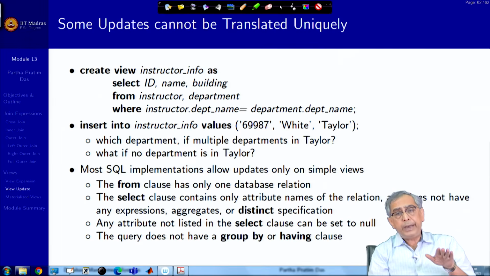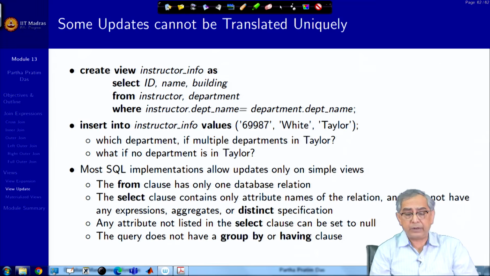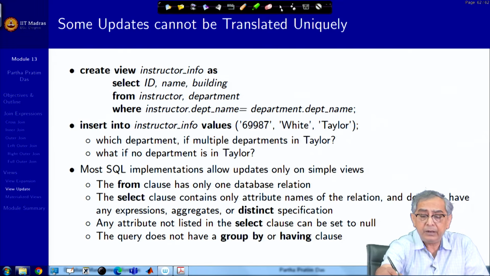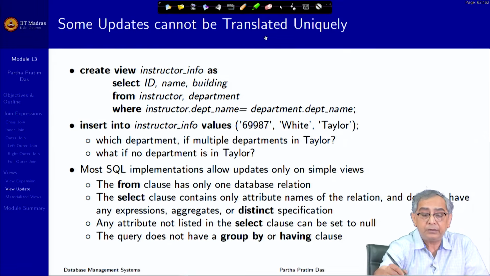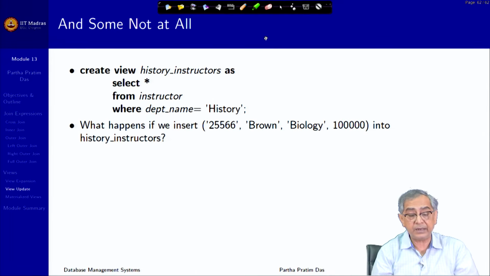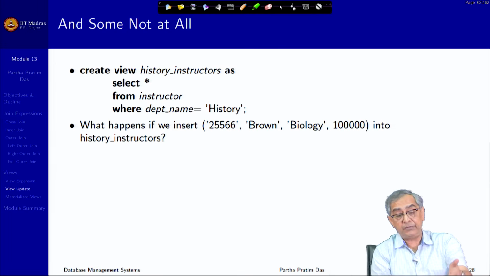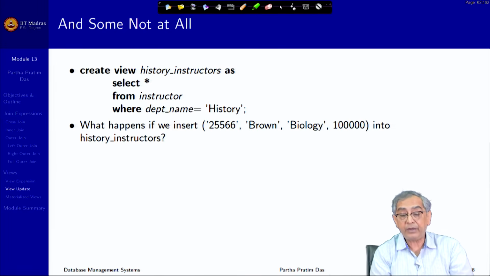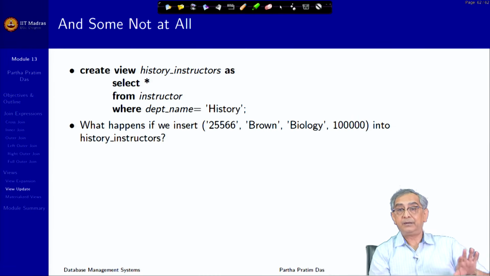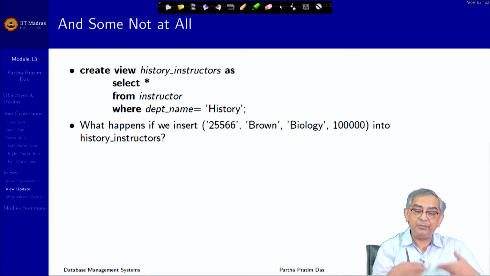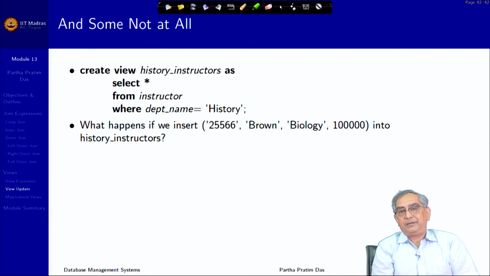But it is not a good practice to try to update views very often. It is better to do that only occasionally, because there could be instances like this where I have a view history instructor, which is where department name is history, and I am trying to insert a tuple where the department name is biology. This can never be done, right? Because if we allow this, then immediately the view gets invalidated, right?